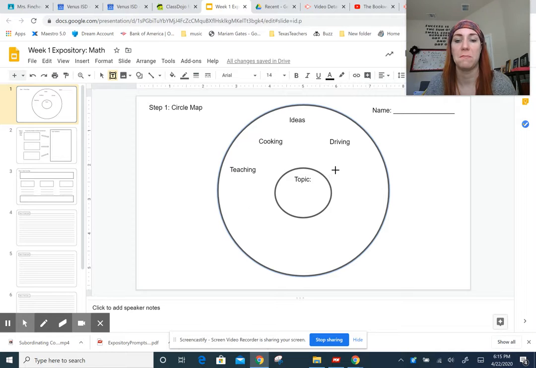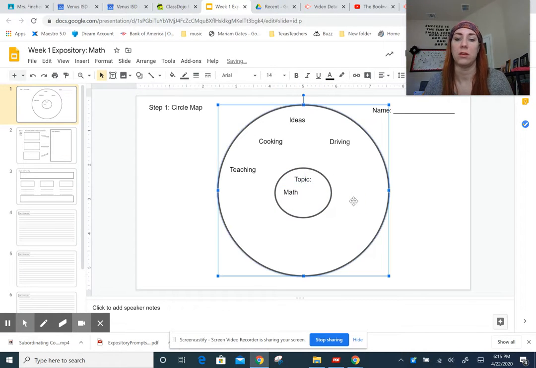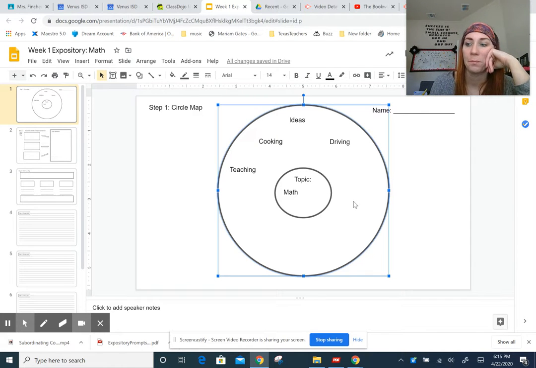What else do I use math on? And then in the middle here, this is where you're going to put math. So that's going to go in the middle. So what are some other ways that I use math? I might just use math when I'm doing schoolwork.